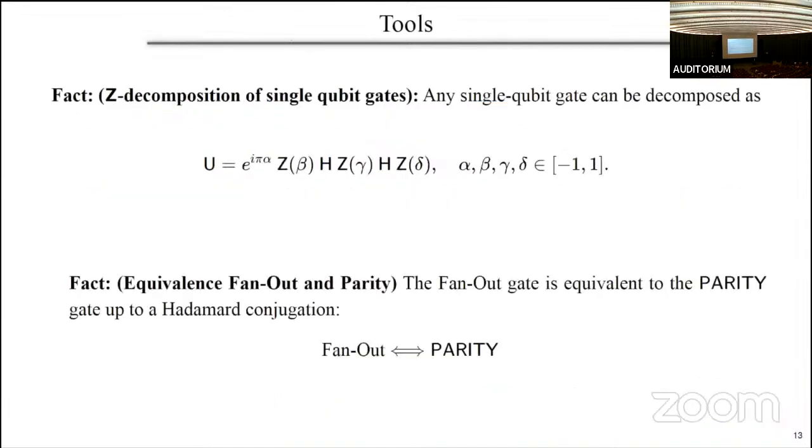Okay, so the tools that we use in the paper are very simple. First, any single qubit gate can be decomposed as a sequence of phases sandwiched by Hadamards. Another one is the equivalence between a fan-out and a parity gate, a parity gate being a gate that computes the parity of a certain subset of qubits and outputs the result into a target qubit.